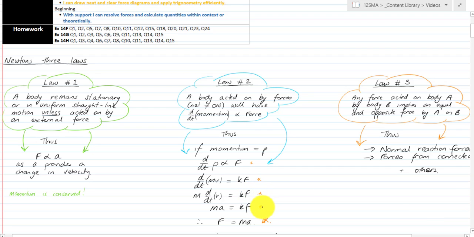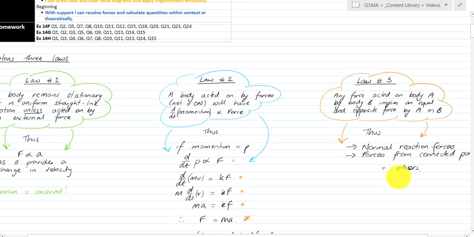We're lucky enough to have defined this whole situation, so we set the unit for force, newtons, such that it absorbs the constant k, and we just have force equals ma. So that's law number 2, and it brings about force equals ma.